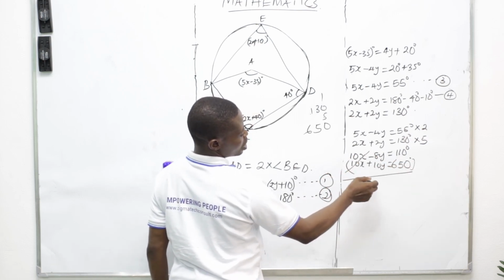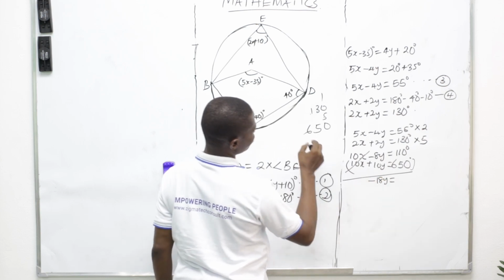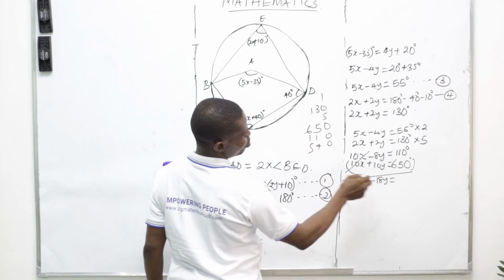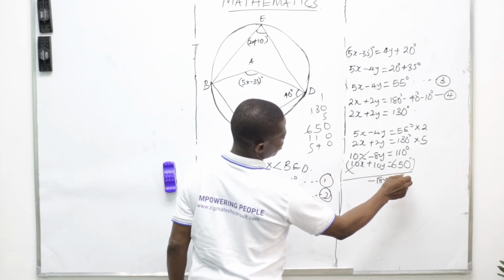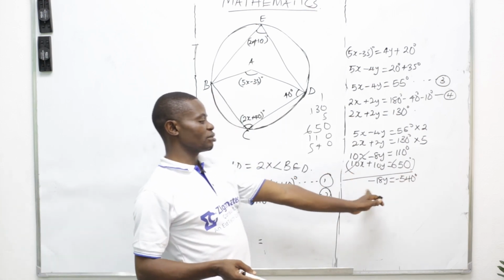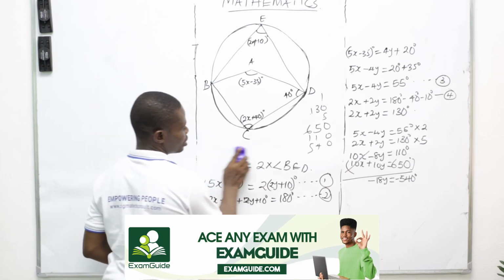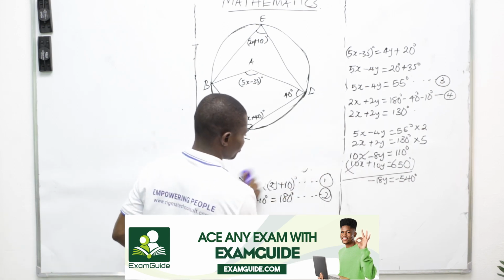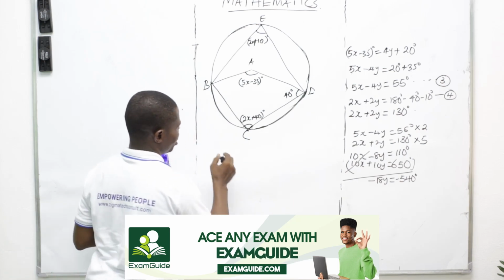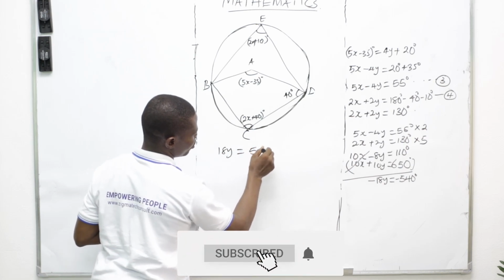Here will give us minus 18y equals minus 540 degrees. Here is minus, here is also minus. So I am bringing it over here by letting you know that 18y equals 540 degrees.